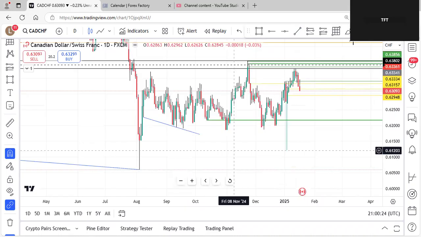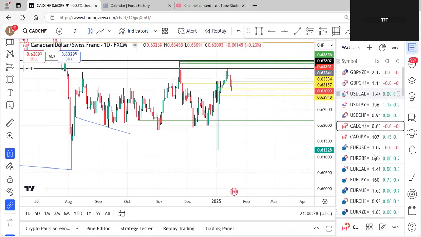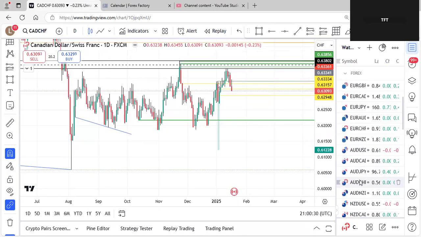I think someone posted Aussie CHF earlier as well, so we'll take a gander at that. We're getting the CHF pairs in tonight anyway.